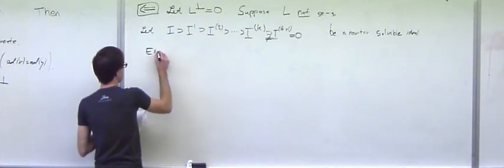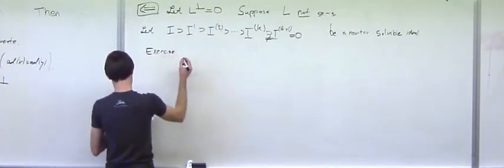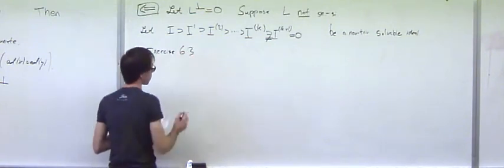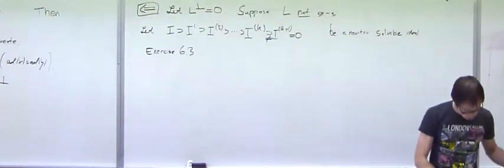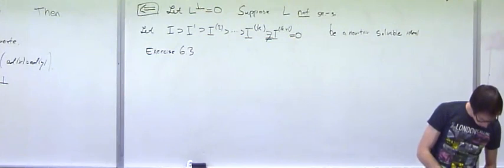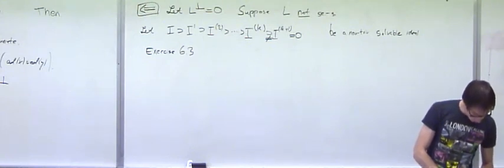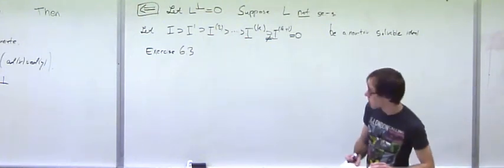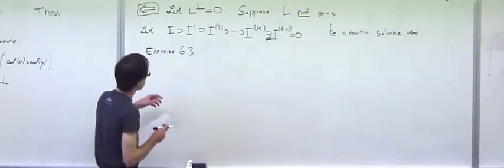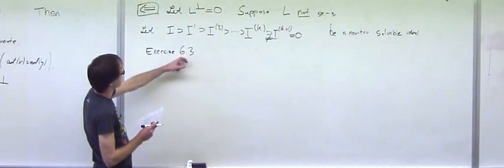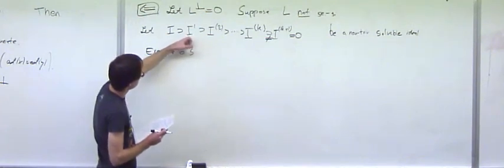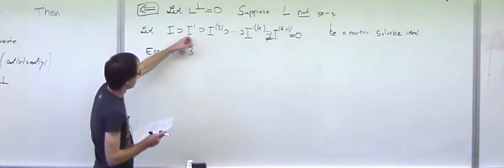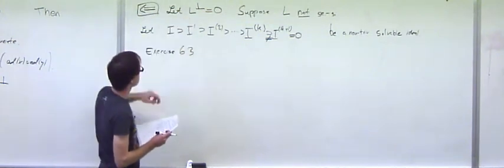So there is another exercise, 6.3. What was that about? This exercise says whenever we have an ideal in a Lie algebra and we take its derived ideal, then this is still an ideal in the entire Lie algebra.